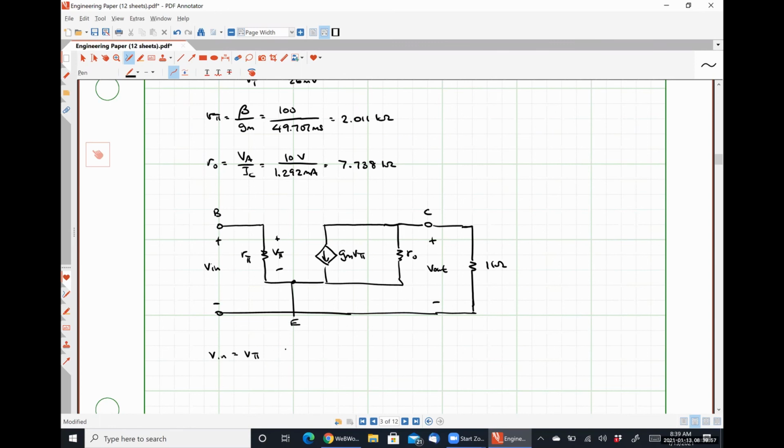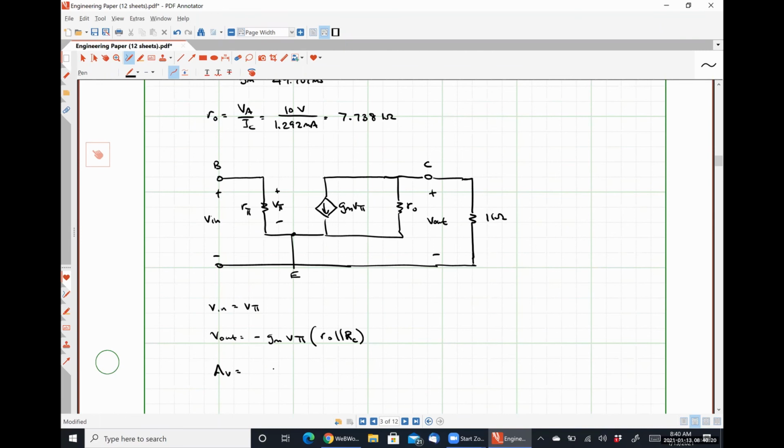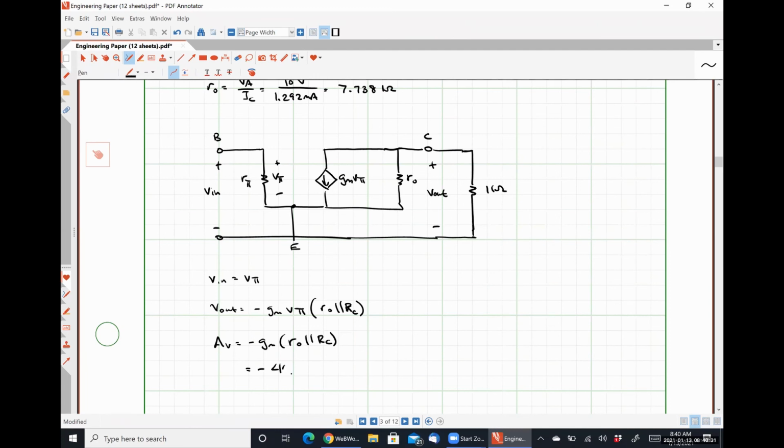So I would argue that V out is negative gm V pi, which is the current, multiplied by r_o in parallel with RC. From this, our voltage gain, AV, is negative gm times r_o in parallel with RC. If we plug in our numbers, we get negative 44.018 volts per volt.